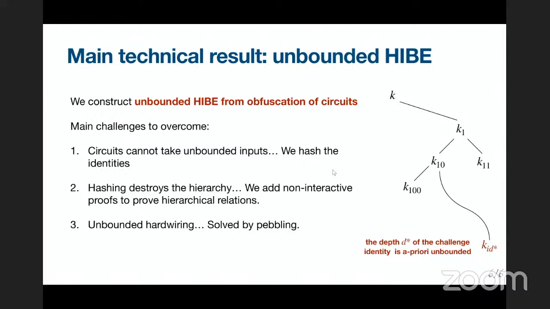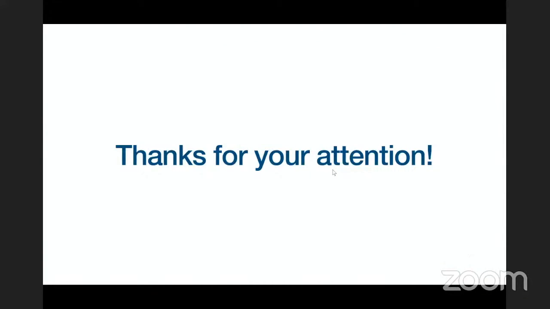And so to circumvent this issue, we add some layer of non-interactive proofs in the construction. And the last issue that comes up is that if you have unbounded IDs, you also have an unbounded quantity of hardwiring to do in the security proof. So this is a bit more technical, but this can be solved using pebbling. And so that's it for the talk. Sorry for the issues at the beginning.